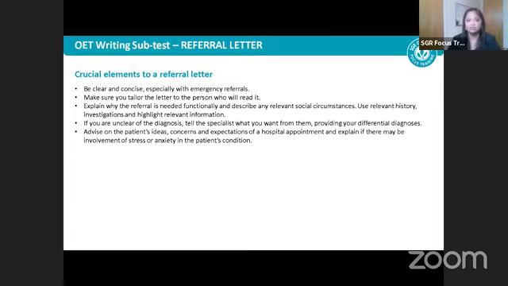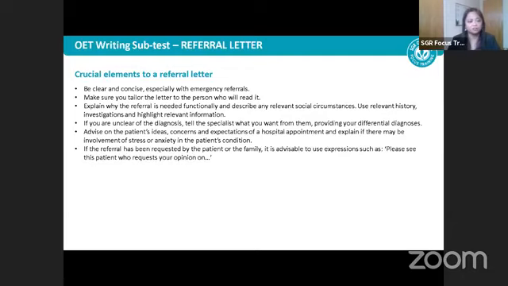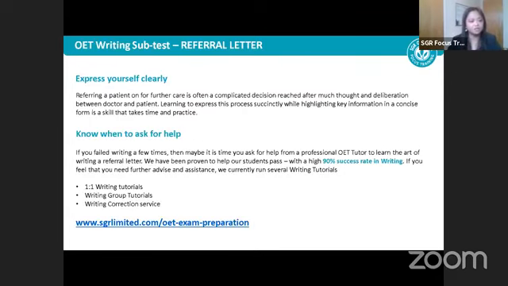If your patient is anxious or worried, it would be important for you to discuss that too. If the referral has been requested by the patient themselves or by their family, you can use expressions such as, please see this patient who requests your opinion on, or I am writing to refer this patient upon the family's request. Okay, so some simple phrases would help.